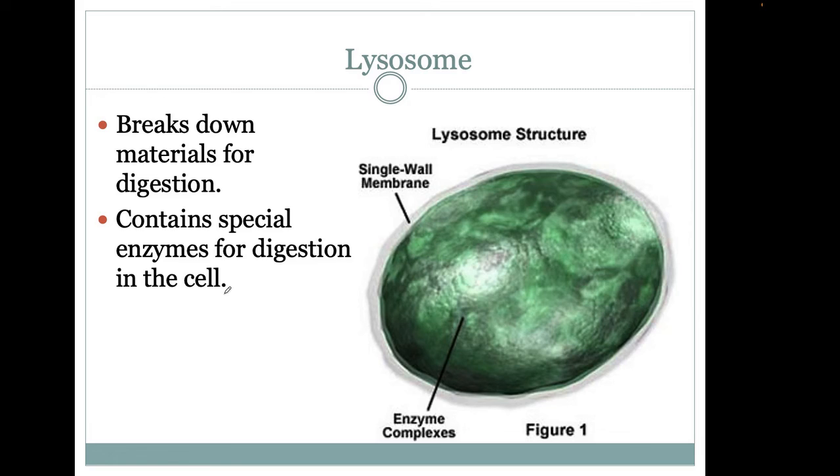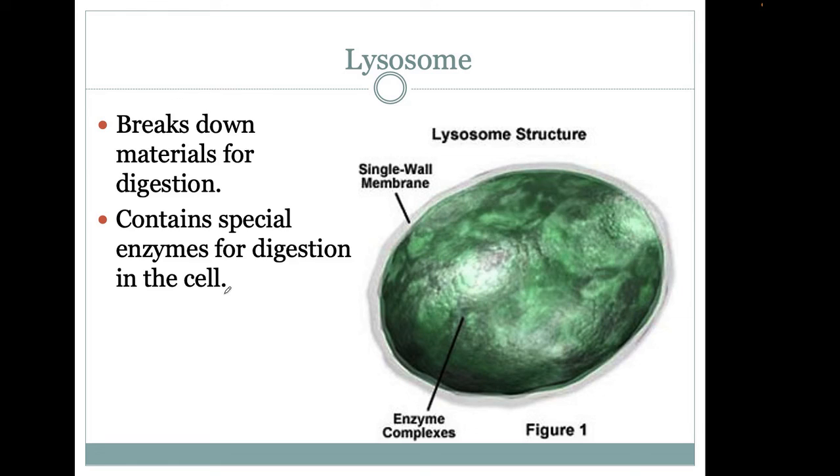Lysosomes can be identified into three types: primary lysosomes, secondary lysosomes, and tertiary lysosomes. Primary lysosomes are spherical vesicles filled with enzymatic fluid. Secondary lysosomes are spherical vesicles which show the presence of food molecules or microorganisms.